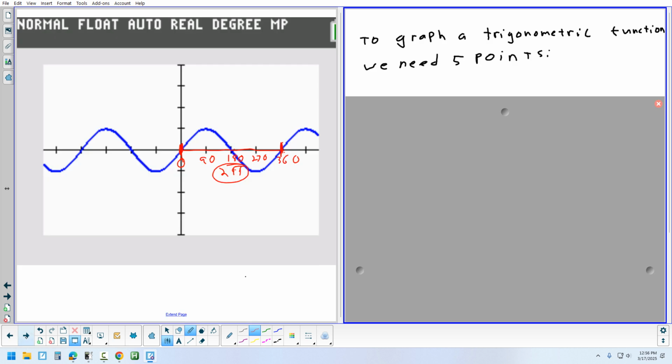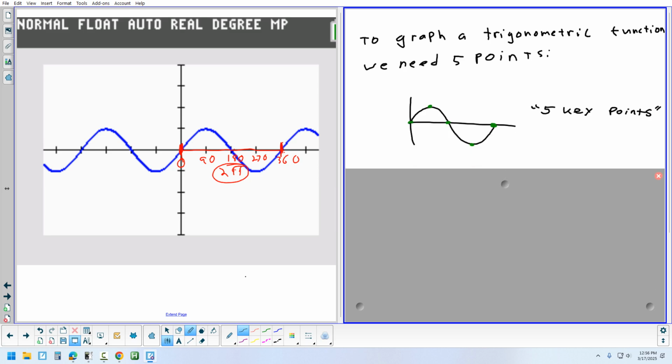All right, so when we are graphing a trig function, how many cycles did I say you're going to have to sketch? One. Just one. But to graph that one cycle, you need 5 points. Those 5 points will give you a pretty good approximation of what your graph looks like. So what are these 5?